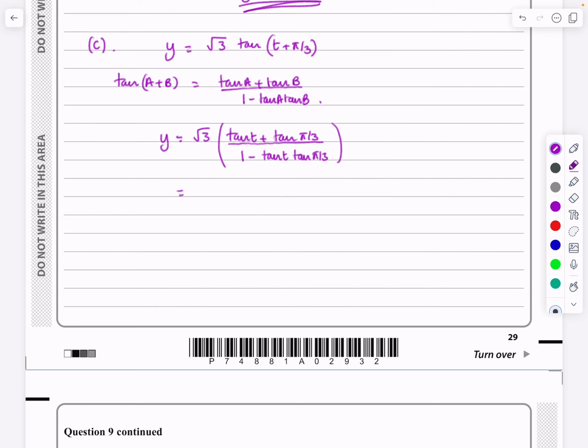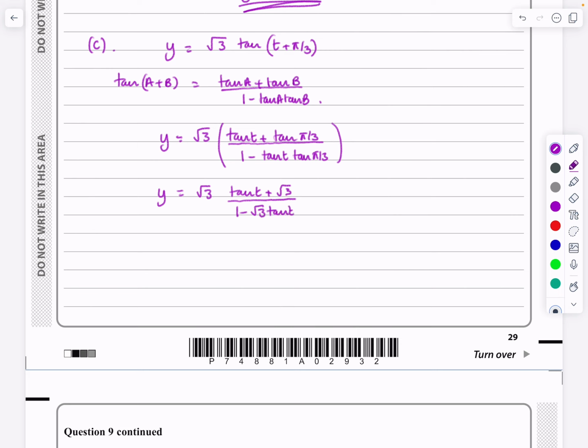So I actually get y is equal to root 3, okay, so this is going to be tan t plus root 3 all over 1 minus tan t times root 3. Now I don't like that written down that way round, so once I did have it like that, I just made it root 3 tan t.